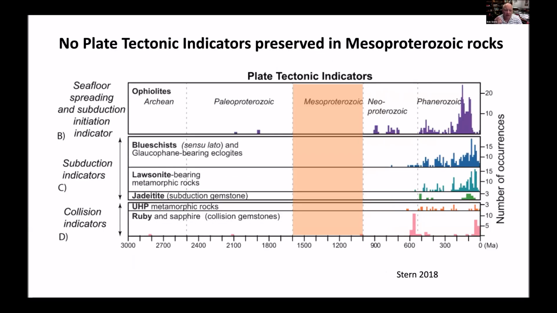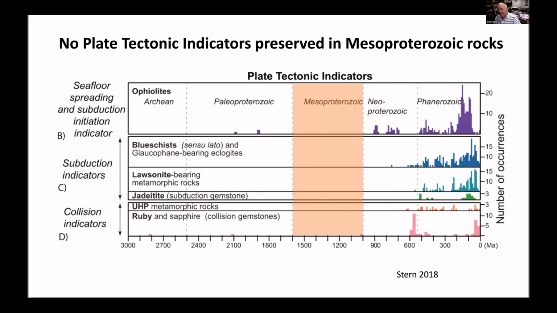So the evidence, both the positive evidence from these different kinds of rocks and ore deposits that form in Mesoproterozoic, as well as the negative evidence, the absence of the plate tectonic indicators, makes any thoughtful person say something fundamentally different happened and it's most consistent with interpretation that the Mesoproterozoic was a very interesting time of single lid.